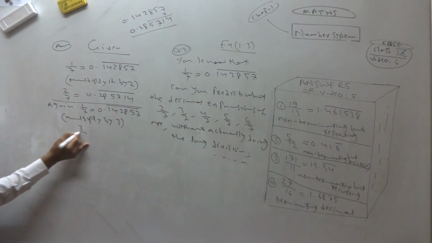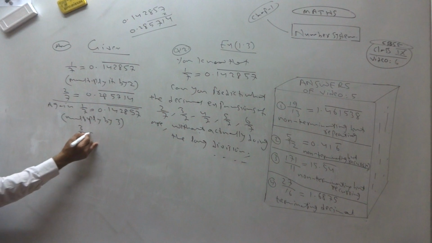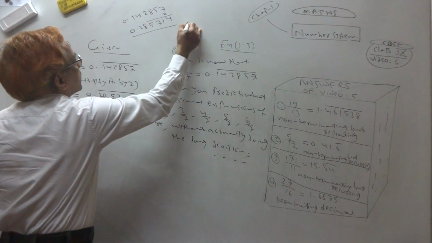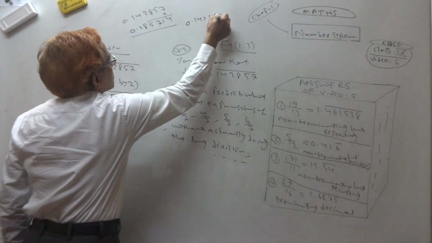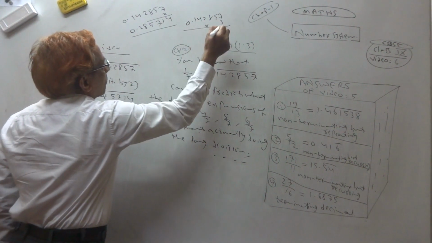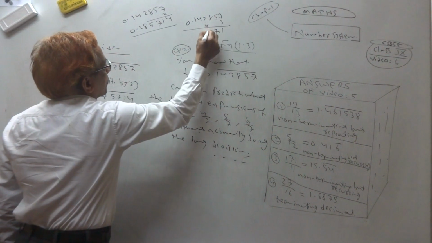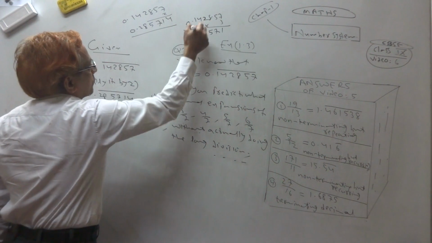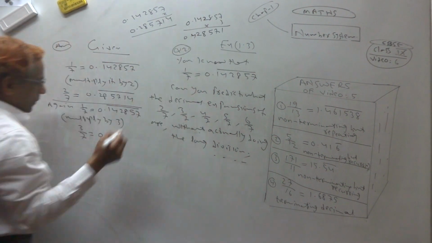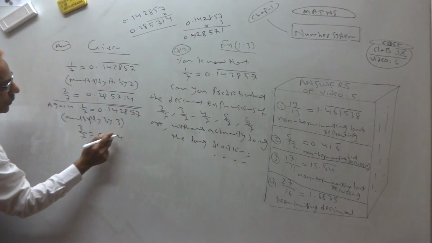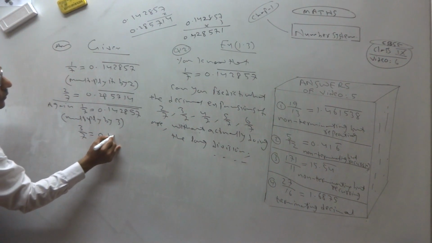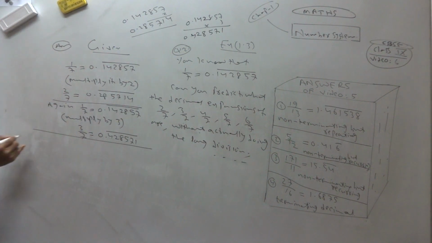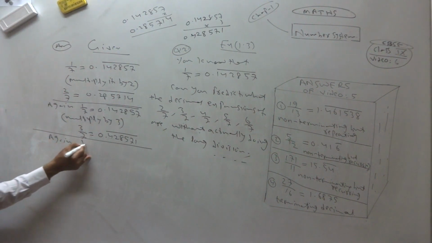So we get 3 by 7. 3 into 1 by 7, 3 by 7. So 3 into all this. 142857 multiply by 3. Yes, please. You see 0.428571. Finished?